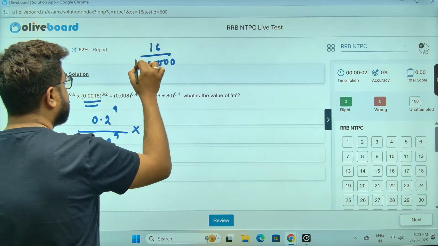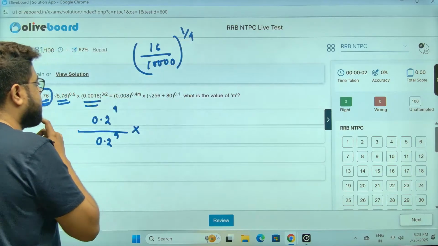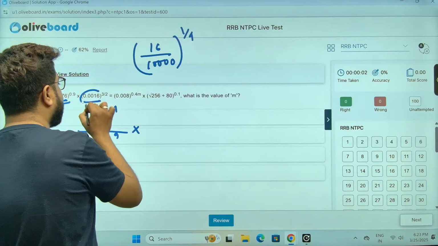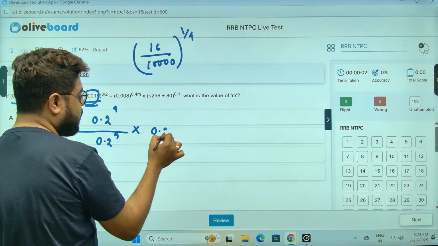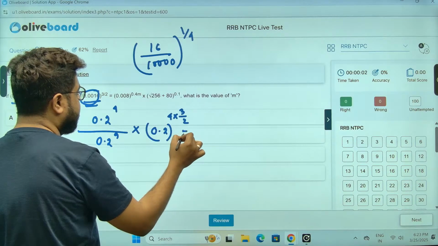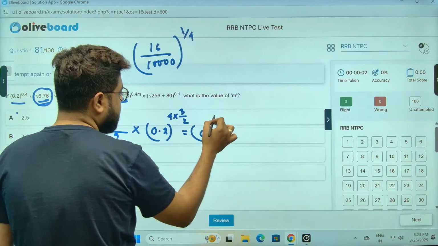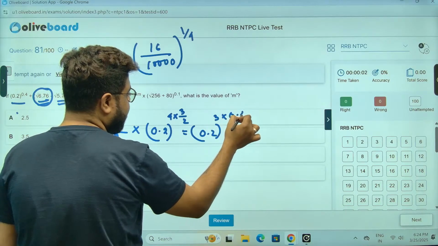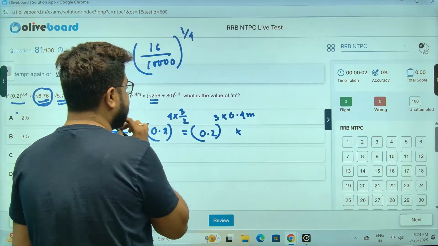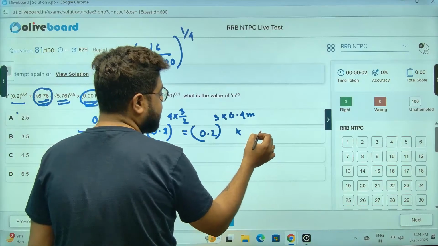To the power 1 by 4 will be 0.2. So this means 0.2 to the power 4 into 3 by 2 is equal to 0.2 whole cube into 0.4 into 256 is 16. 16 by 80 is 1 by 5, 0.2.